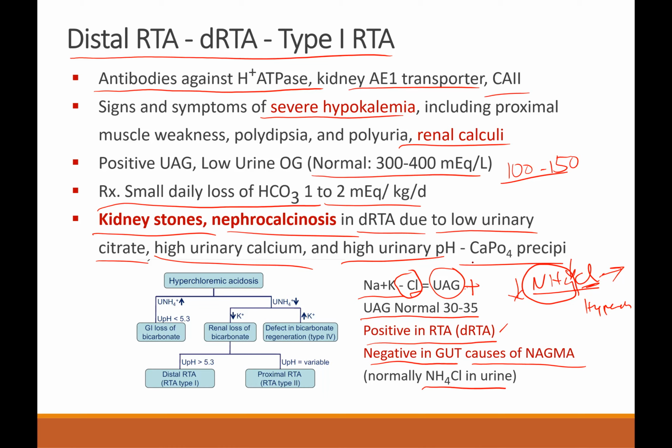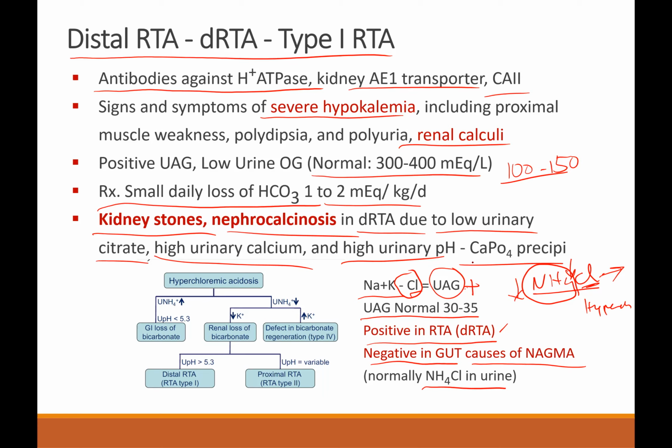In that case, urine anion gap even becomes 0 or negative because there is more chloride in the form of ammonium chloride as a compensation for the excess base washout due to diarrhea. The acidosis is because of the washout of the base. So in that case, the urine anion gap will become 0 or negative. Here it is positive because of this reason.